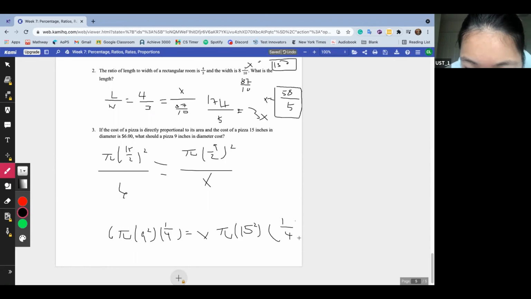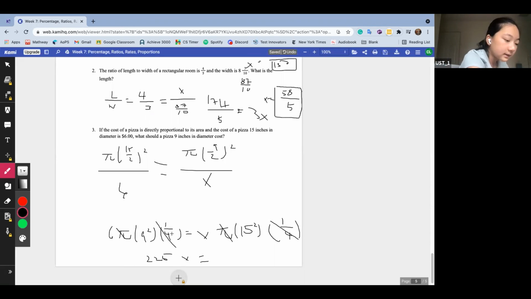So I wrote it out like this because now we can cancel out some terms. So we can cancel out the pi and cancel out the 1/4. So we'll be left with 225x equals 9 squared is 81, 81 times 6 equals 486.